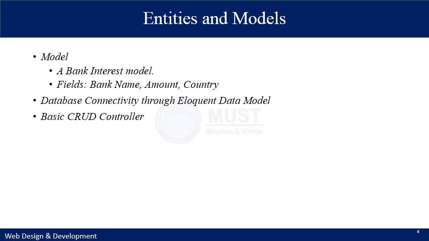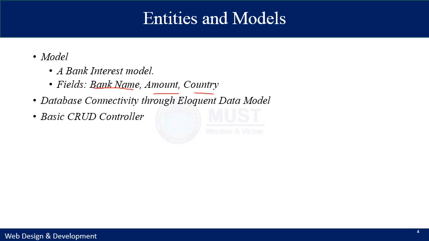To identify the entities in the model, in this lecture we have taken an example of a simple bank interest model, and in this example we only have one entity named account detail, and it will have the fields of bank name, amount, and the country of the bank.